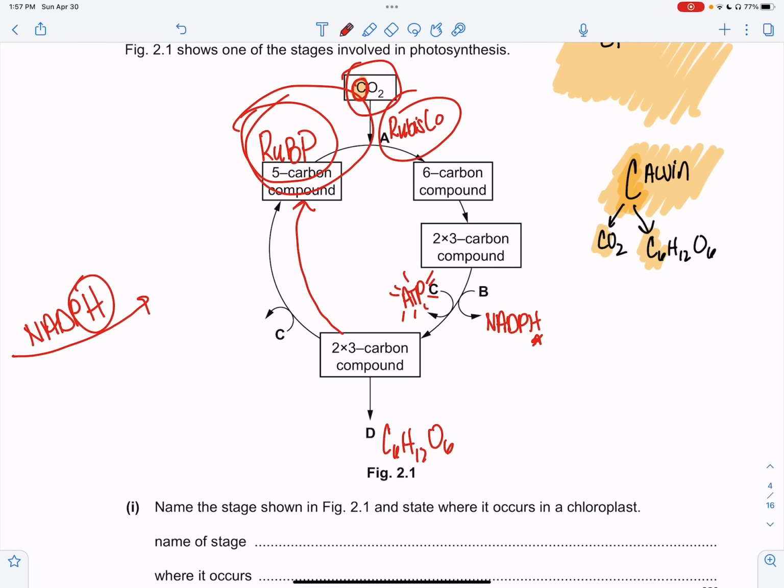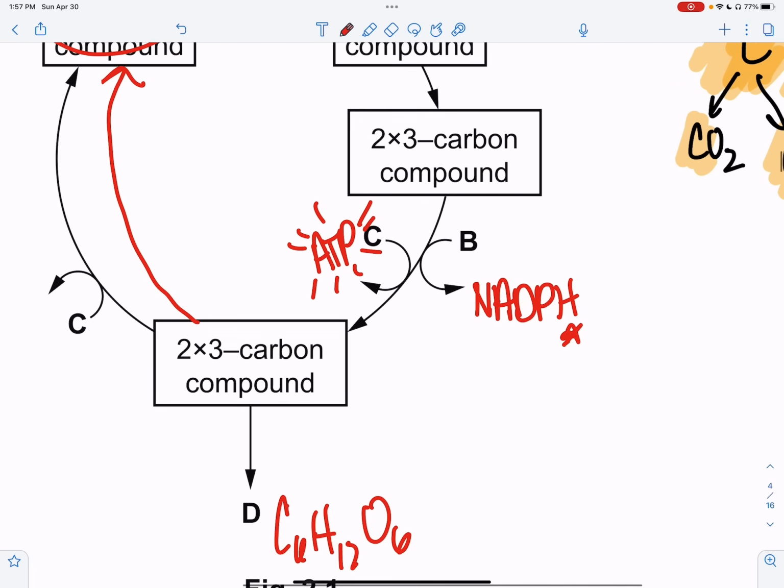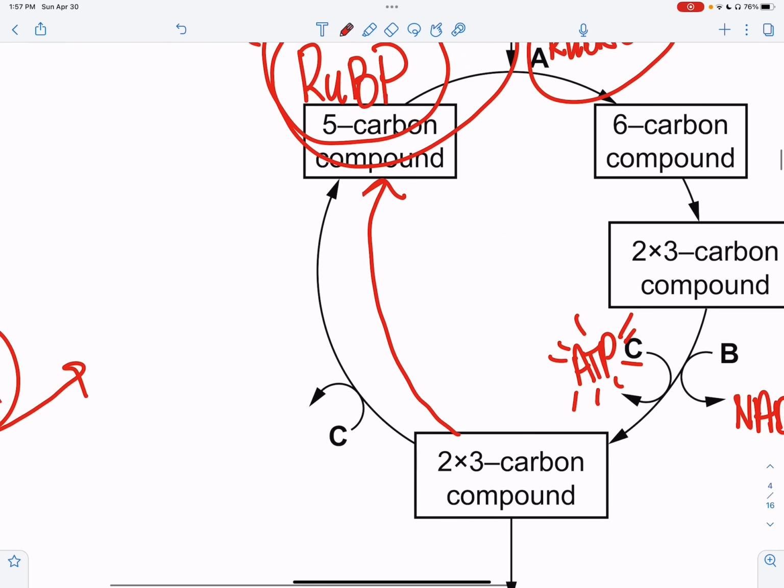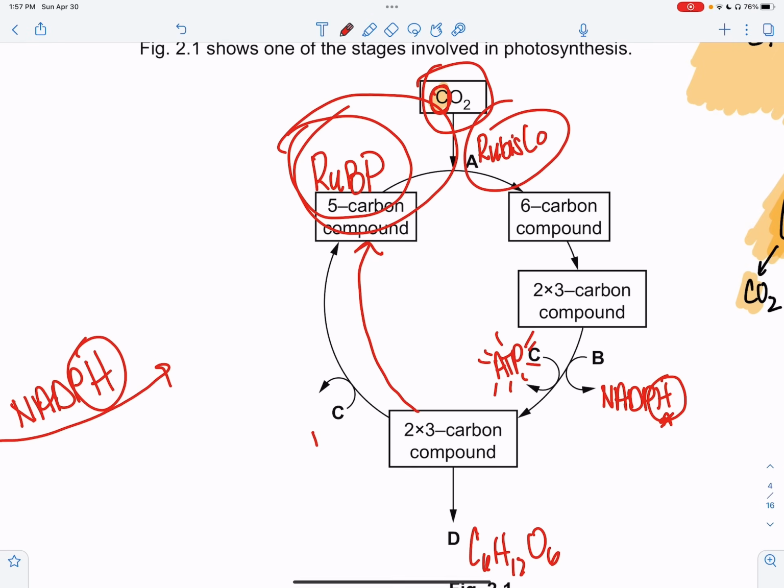Again, we're going to drop off the hydrogen from the NADPH, and that hydrogen is the result of photolysis, which happens in the thylakoids, where the energy gets absorbed, and then we split the water molecule, oxygen gets released, the hydrogen comes over to the Calvin cycle in the stroma. It takes energy to start forming our glucose molecule that we see at D, and then we need to use energy again to reform the RUBP, so that, again, we can do this all over again.